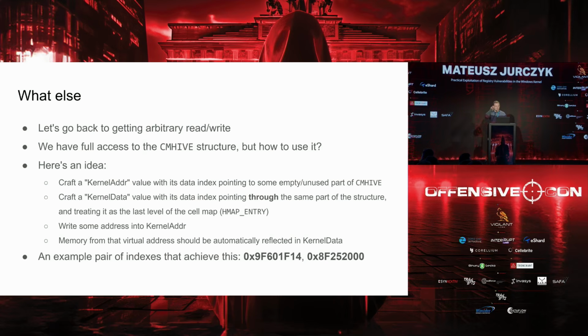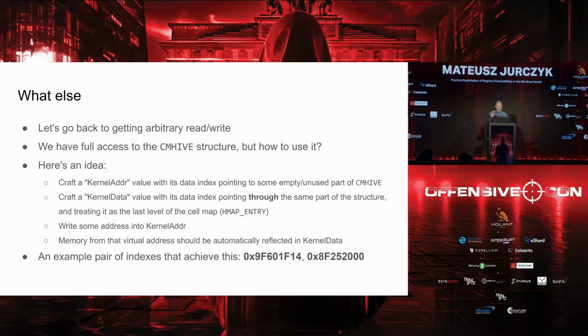Let's go back to our grand dream of having arbitrary read and write. We know that we have full access to the CM Hive structure. So one idea for abusing it that I had would be to create two fake values, one called kernel address and one called kernel data. The first one would have a data backing buffer cell index pointing at some unused part of the CM Hive.